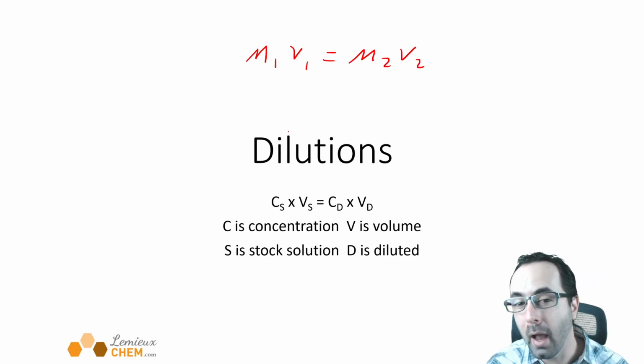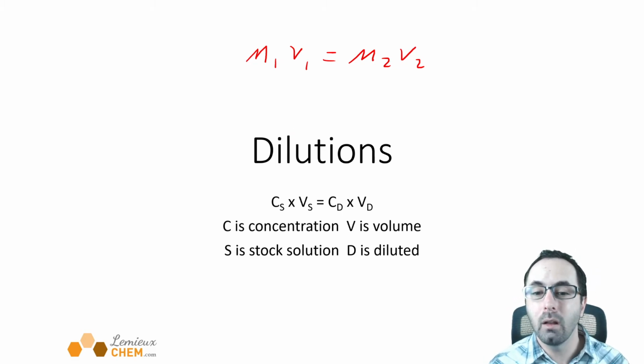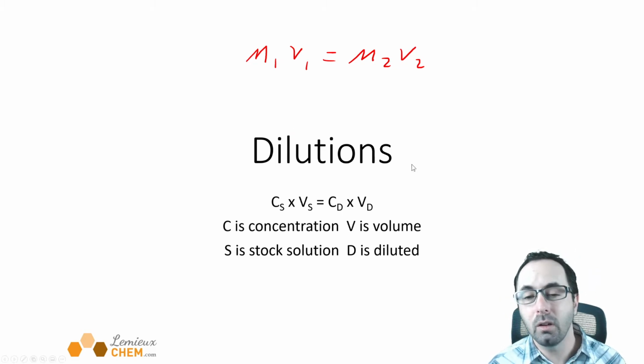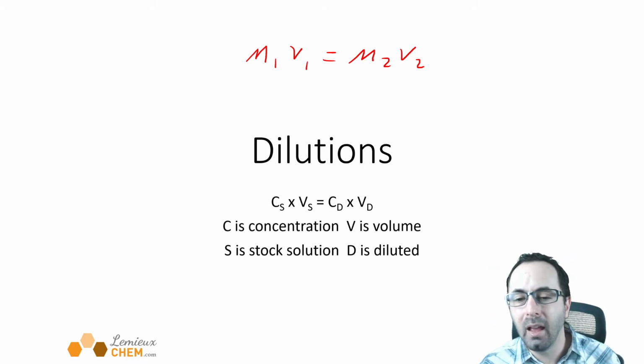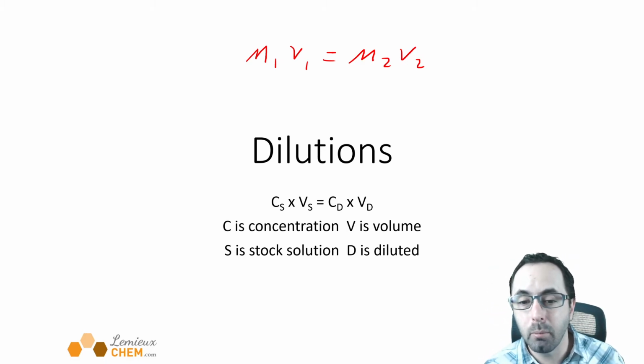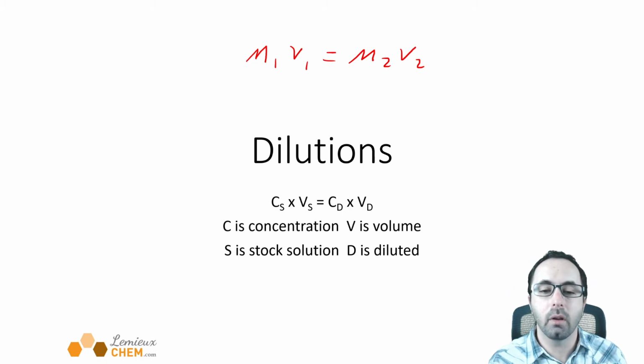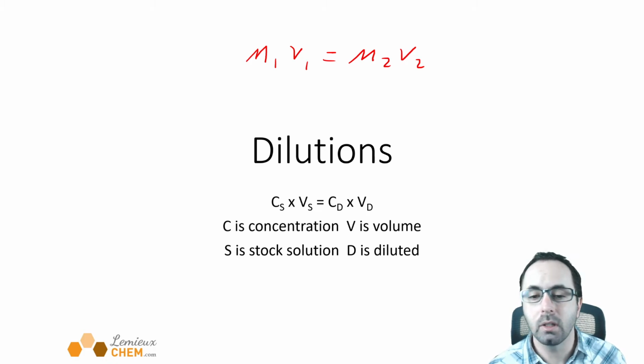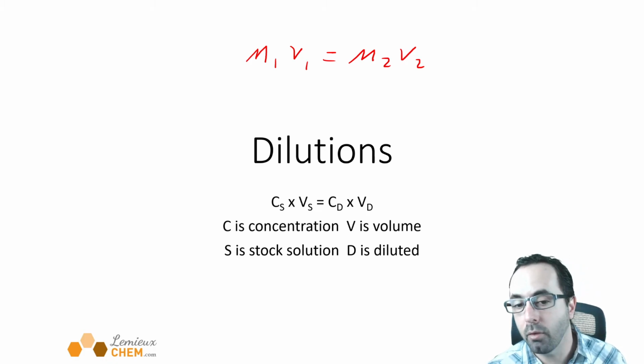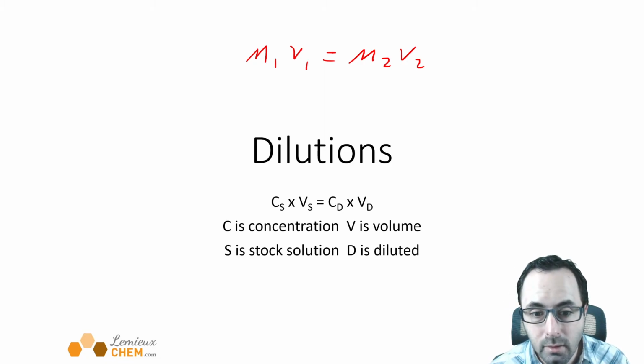And the reason why it works is because a dilution is when you make a solution less concentrated by adding solvent. Usually that solvent is water. And we use dilutions all the time. If you're going to work as a dental hygienist or a dentist or in a doctor's office, dilutions are often made for sterilizing solutions.